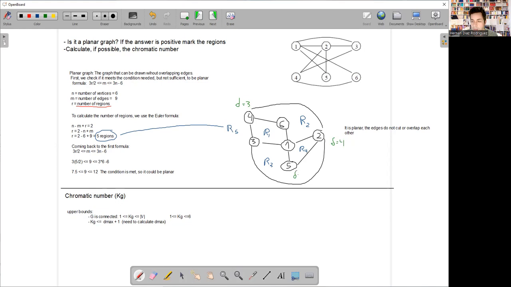For 5 is a degree of 2. For 6 is a degree of 2. For 3 is a degree of 3. And for 1, there is a degree of 4.